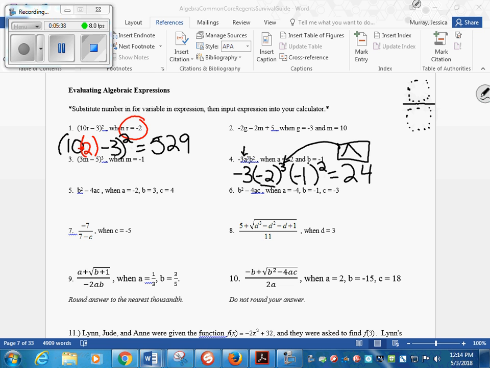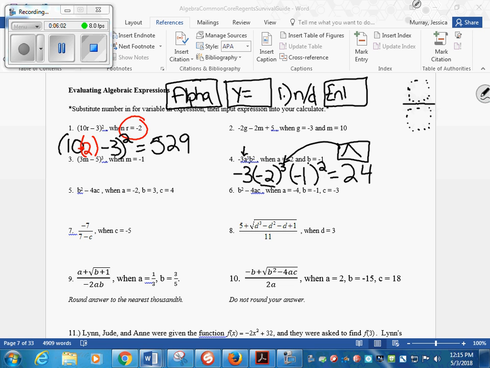and that you can enter in a top number and a bottom number besides just doing division. Okay, so to do that, you would hit the alpha key, which is green, alpha, and then you will hit the y equals key. If you hit alpha y equals, you'll see number one says n/d. All you have to hit now is enter.